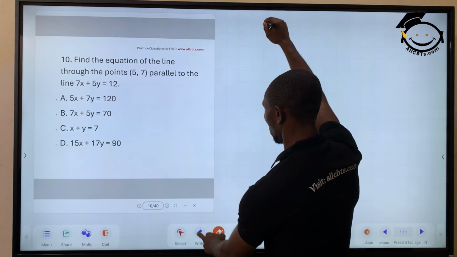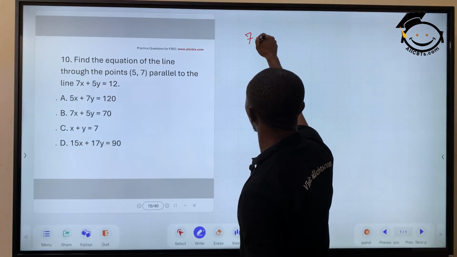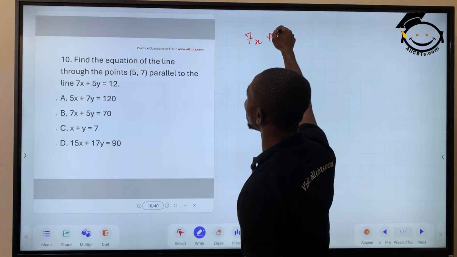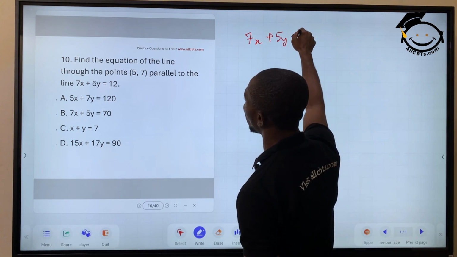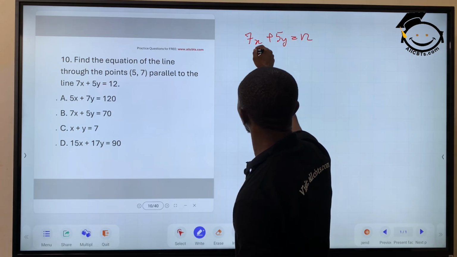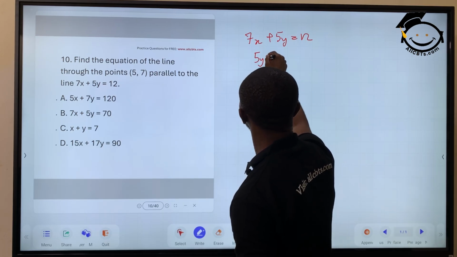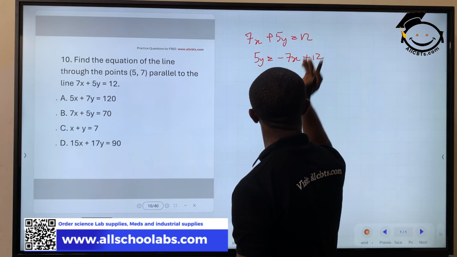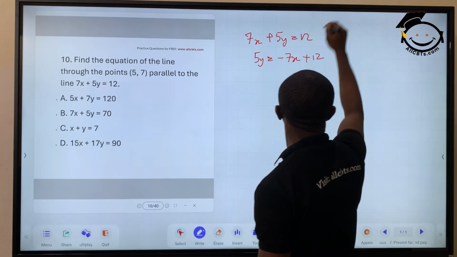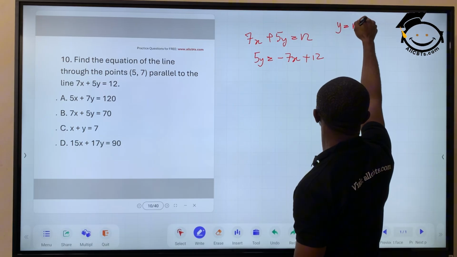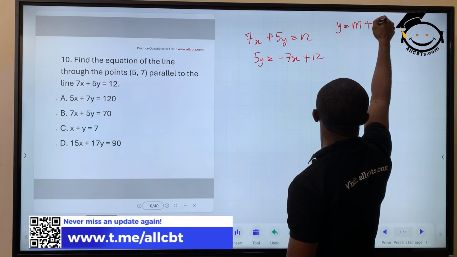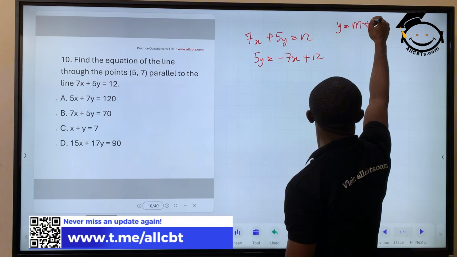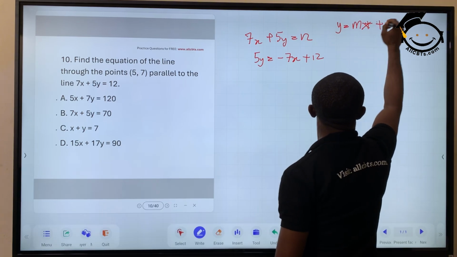So we write our equation 7x plus 5y equals 12. Writing it, this becomes 5y equals minus 7x plus 12. We are writing it in the form y equals mx plus c.